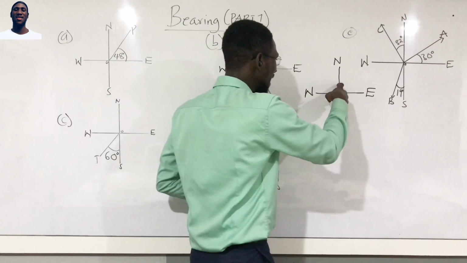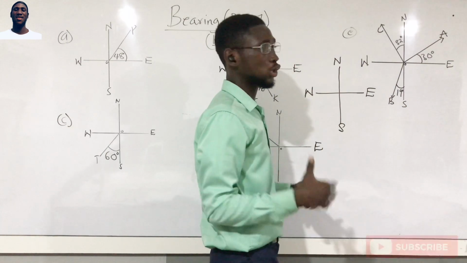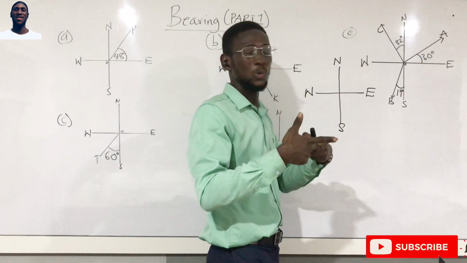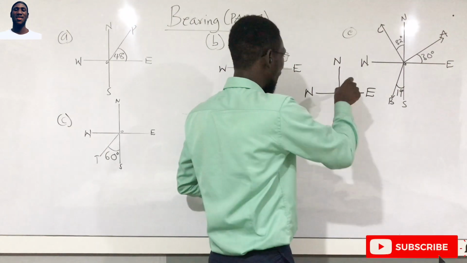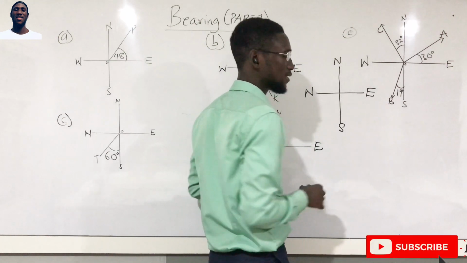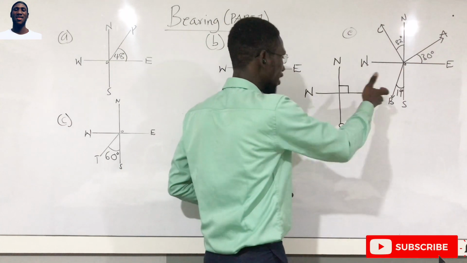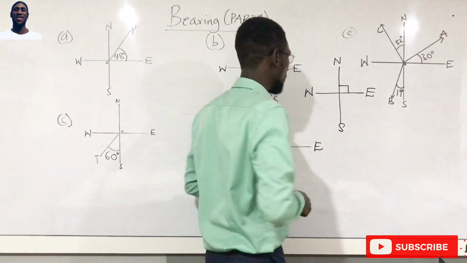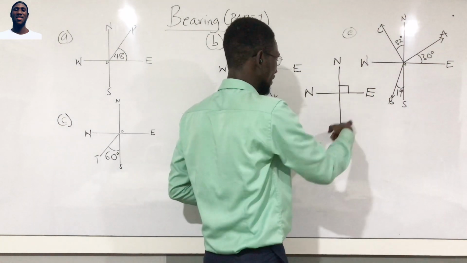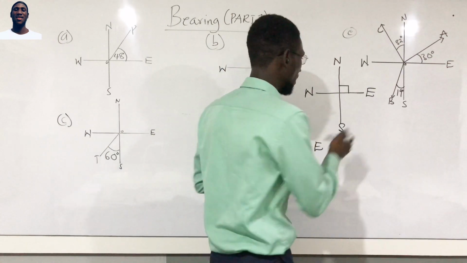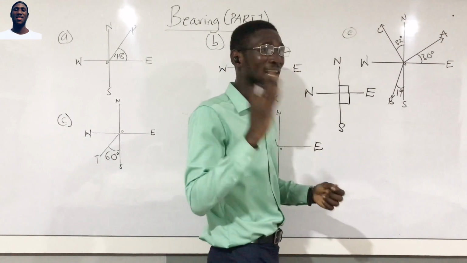Now, an angle is where two lines meet. So, the angle between north and the east is 90 degrees, and that forms a right angle, we already know that. Then, between east and south is another 90 degrees, making 180.